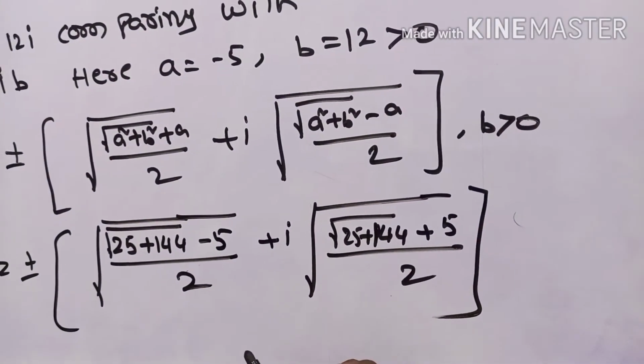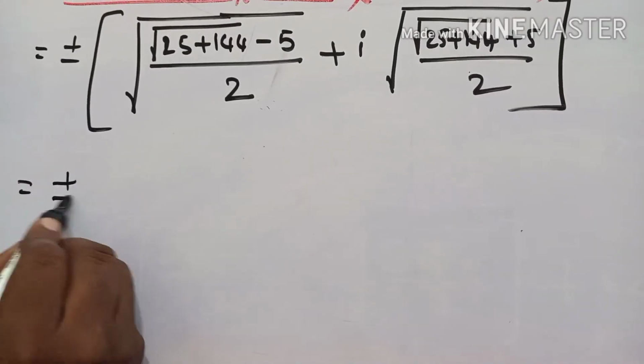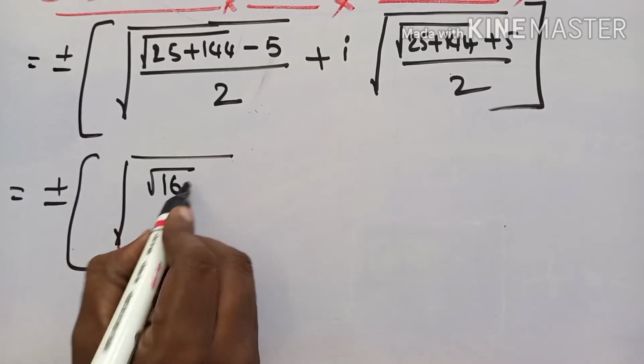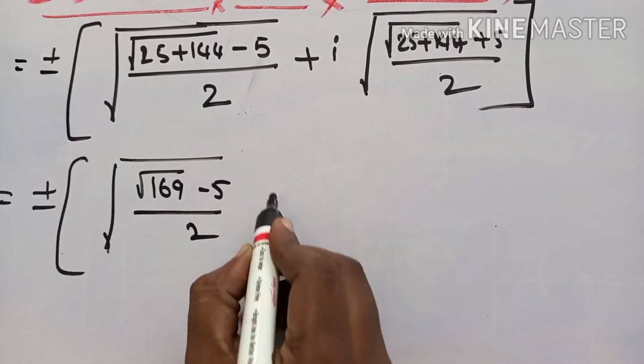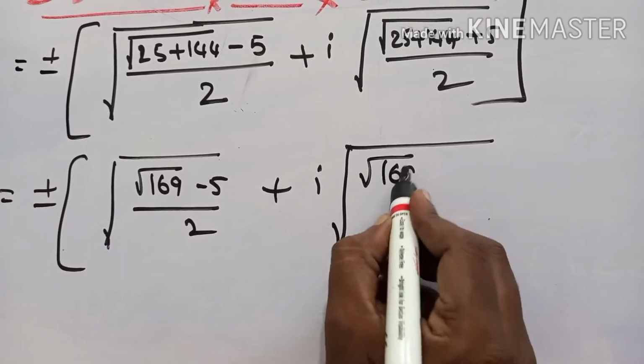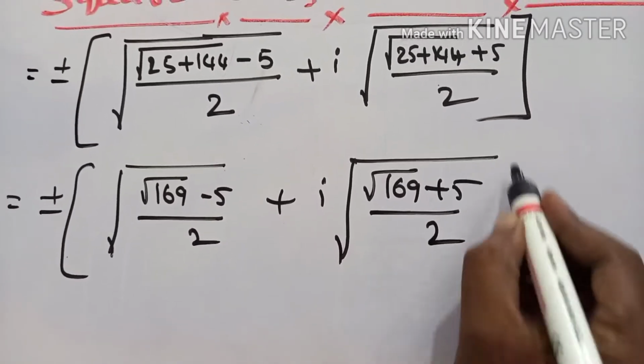Now that is equal to plus or minus root over root 169 minus 5 by 2, plus i into root over root 169 plus 5 by 2.